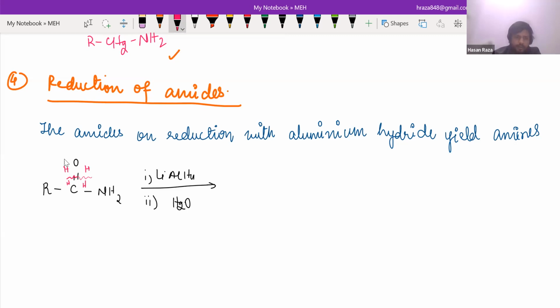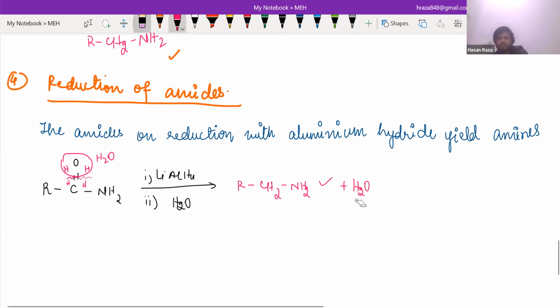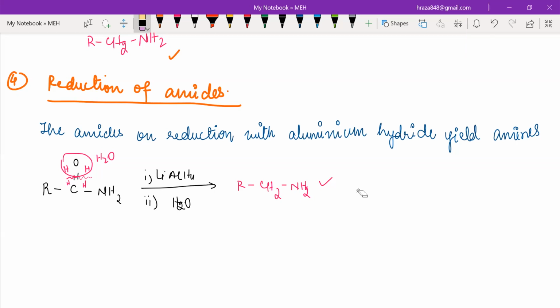So you can see this part is basically H2O, and this becomes RCH2 and then NH2. Oxygen will be eliminated in the solution. Got it? Yes, sir. Please do write it.